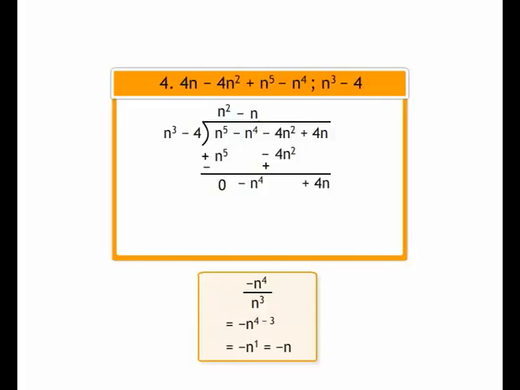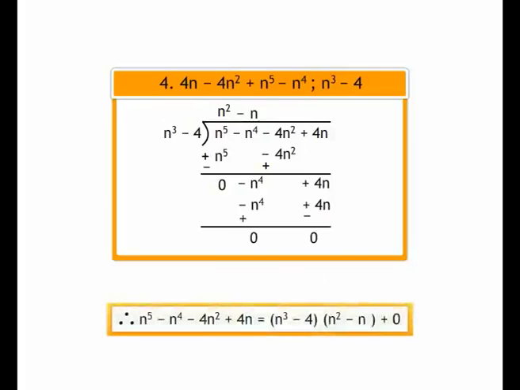Thus we will write minus n raised to 4 below minus n raised to 4 and plus 4n below plus 4n. Now after changing the signs of both the terms of the product, we get 0. Therefore, n raised to 5 minus n raised to 4 minus 4n square plus 4n is equal to n raised to 3 minus 4 in one bracket and n square minus n in the other bracket plus 0.